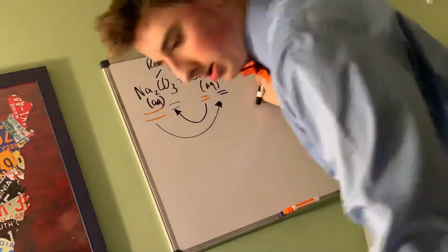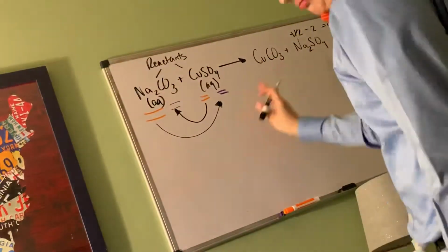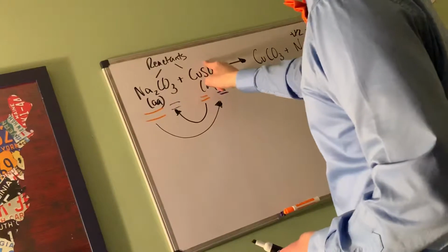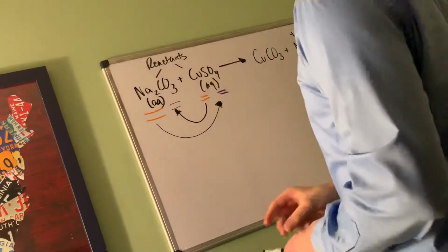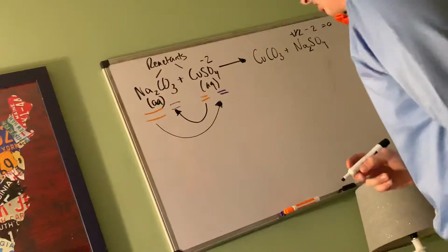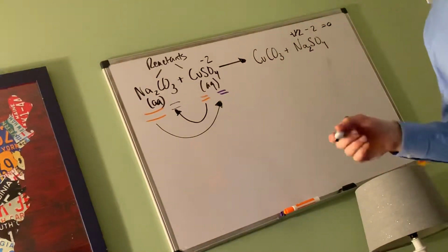We have copper and we have carbonate. Copper is a funny element because it has multiple charges, so you have to look at the element it combines with to identify its charge. Sulfate is a -2. Copper has a +2 or a +3.